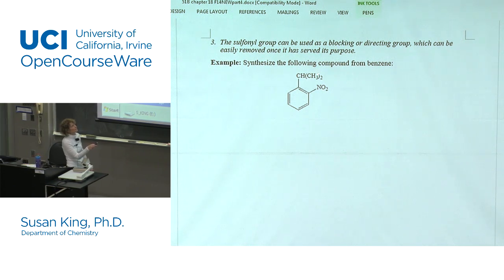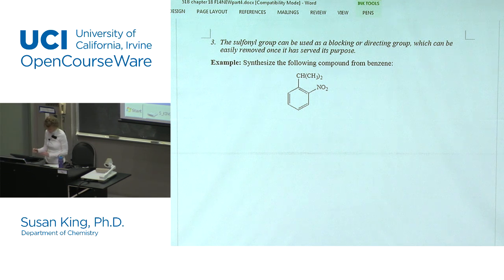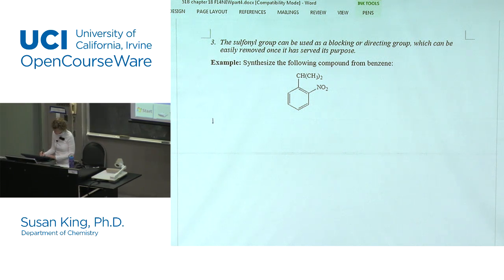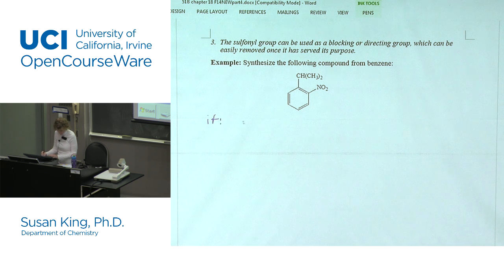So another thing that we could do instead is block the para position with the sulfonyl group. And so this is what it looks like. Well, first of all, we'll say what we don't want, and then we'll do that. If we take this and AlCl3, and we use excess benzene to avoid overalkylation, we can make this, and that's good.